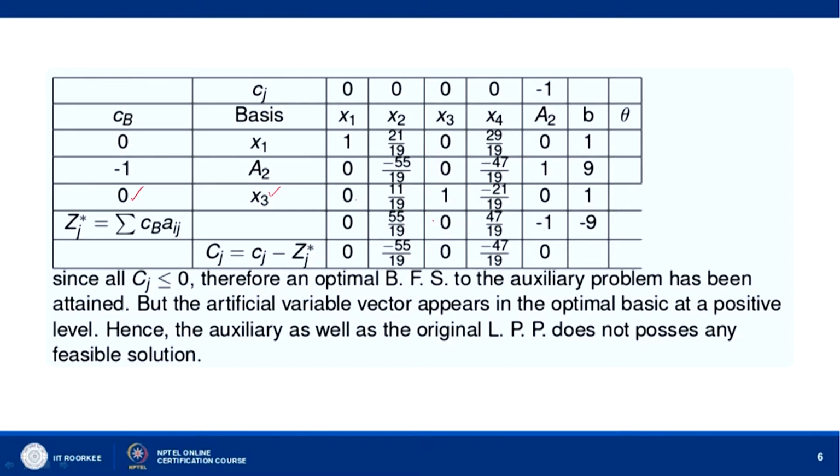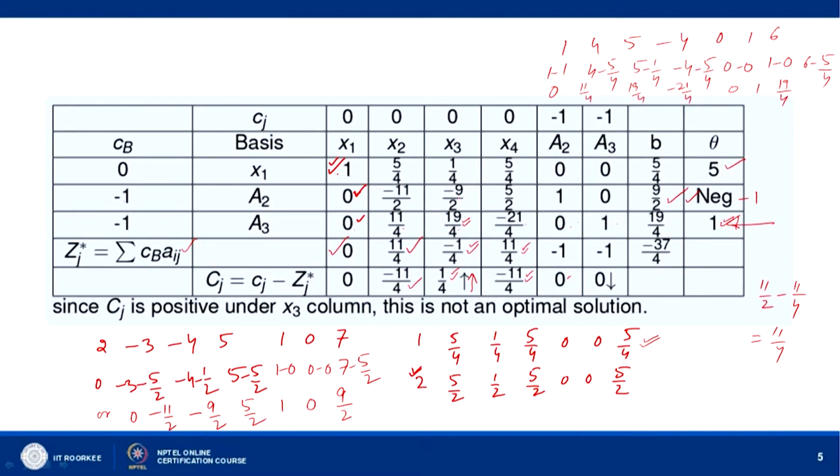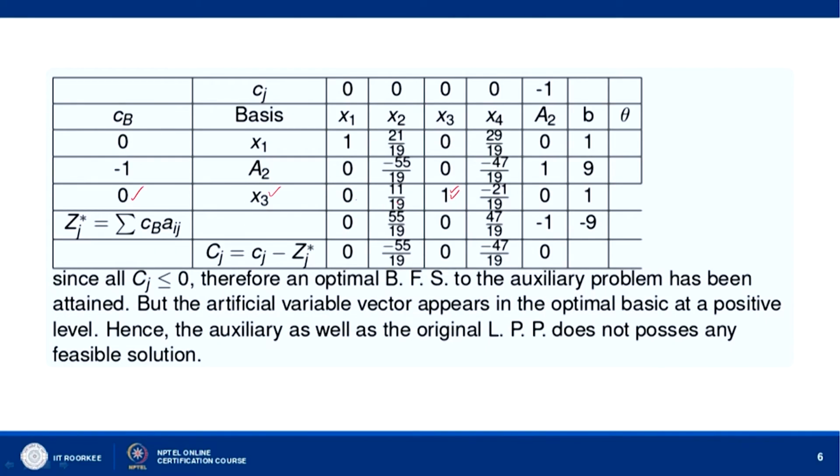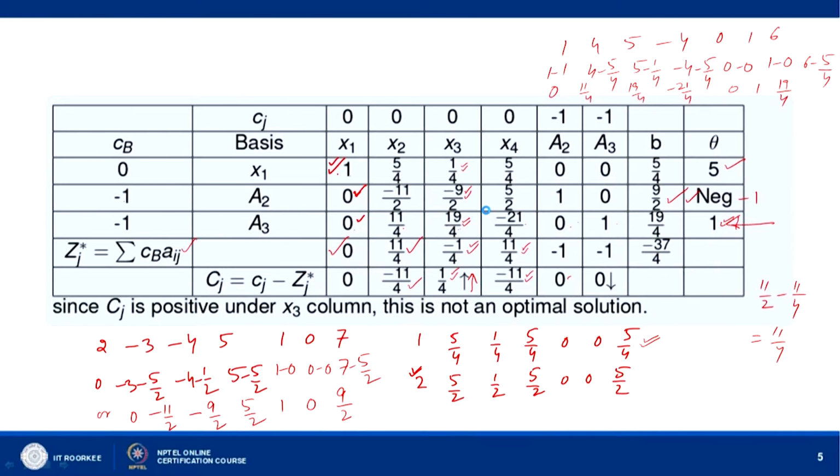Now, with the help of this 1, this is the key column. With the help of this one, we make this entry and this entry zeros. So, we multiply the new row, this row, by 9 by 2 and add to the second row.